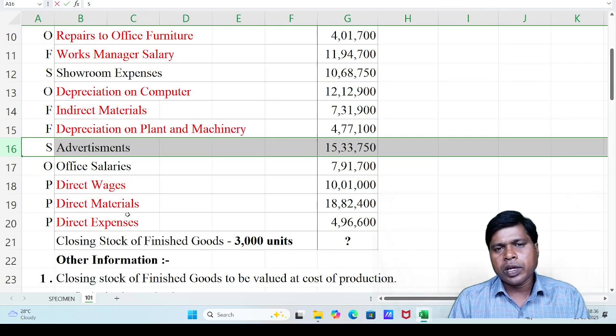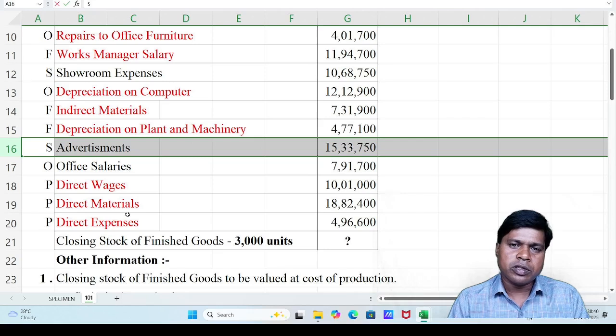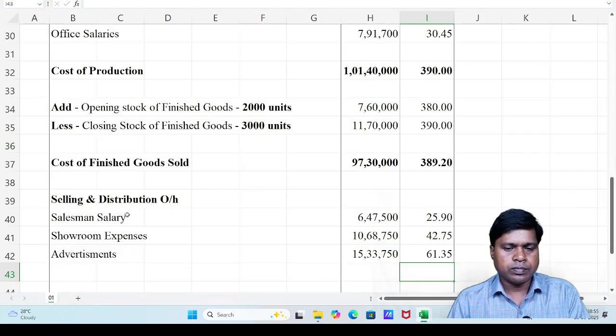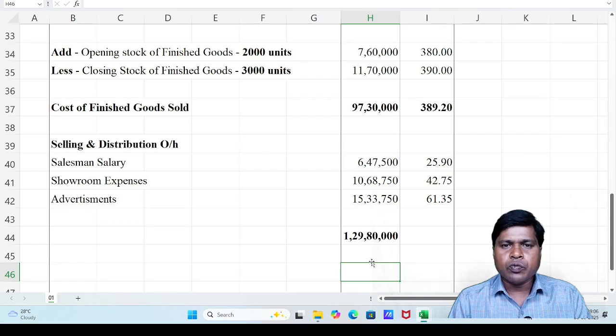There is no other selling and distribution overheads item. It means after this we can take the total of cost of finished goods sold plus selling and distribution overheads, and we will get total cost, or cost of sales, which is also called cost price. Cost price is 1,29,80,000.